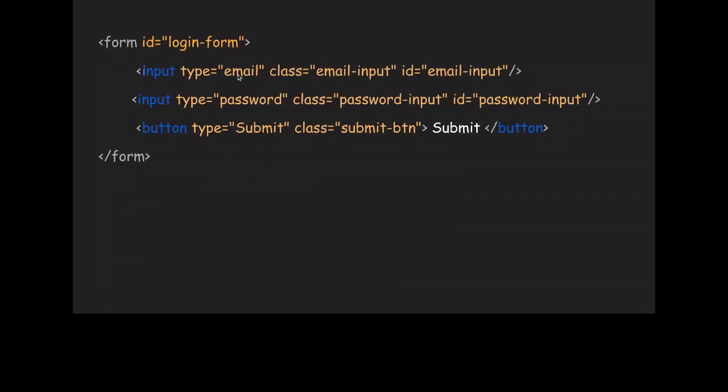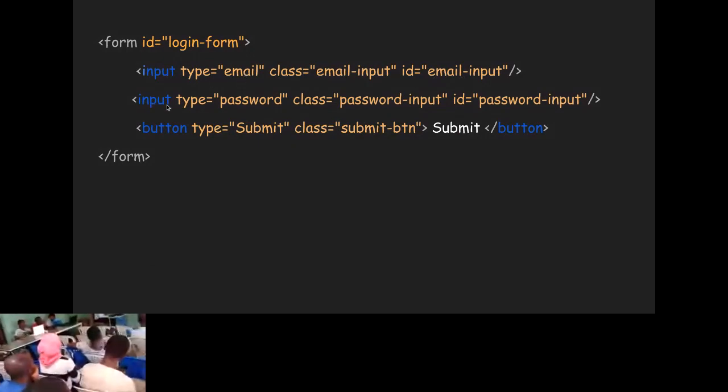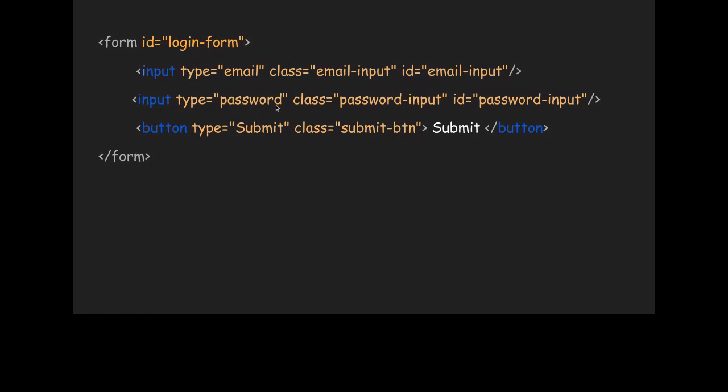For the input, we type email because we want to get the email input. And for another input we type password, because when you're typing the password, you shouldn't be able to see it. We could have used number or text, but then anyone can see what you're typing.